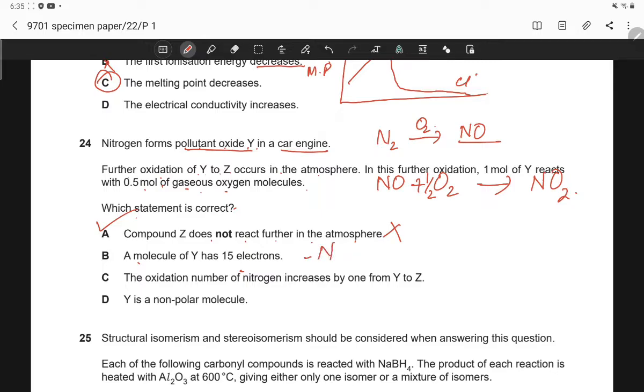Nitrogen has 7 plus oxygen 8, so 15 electrons.